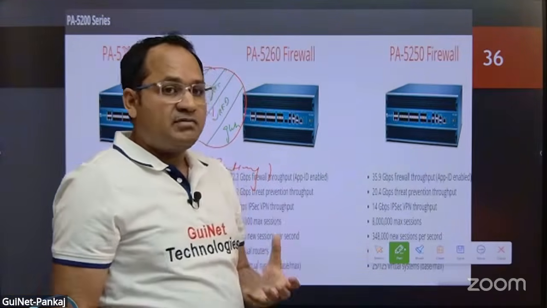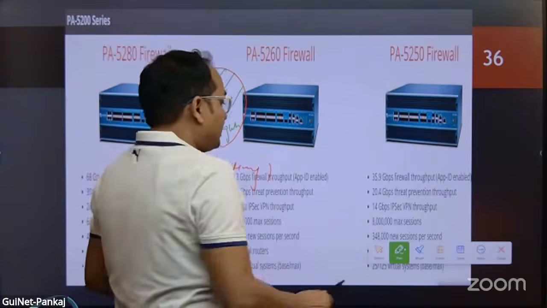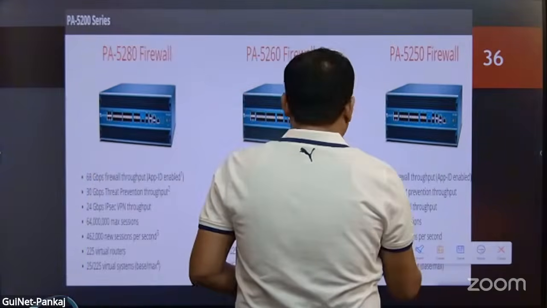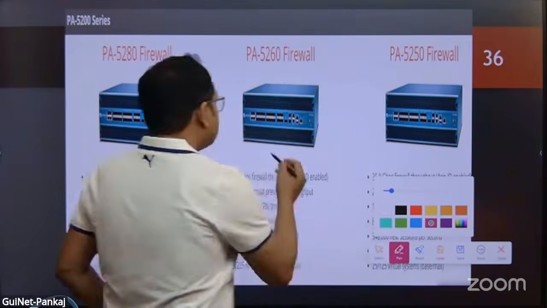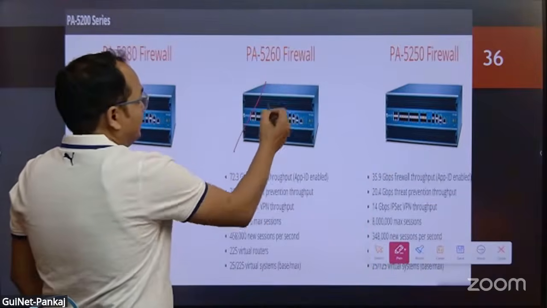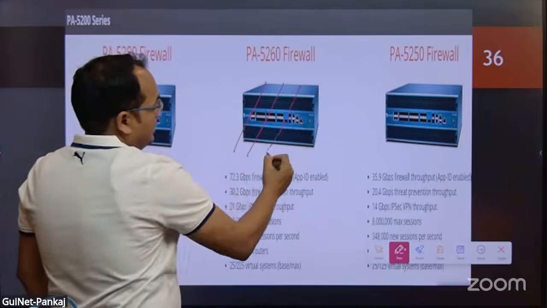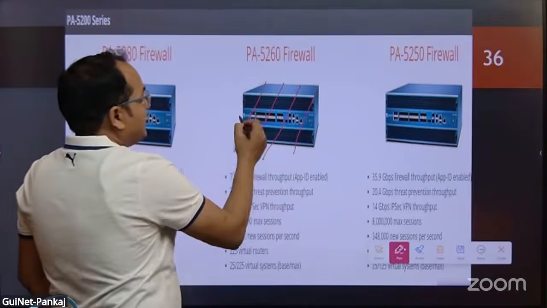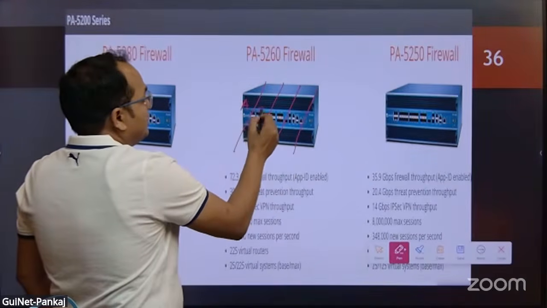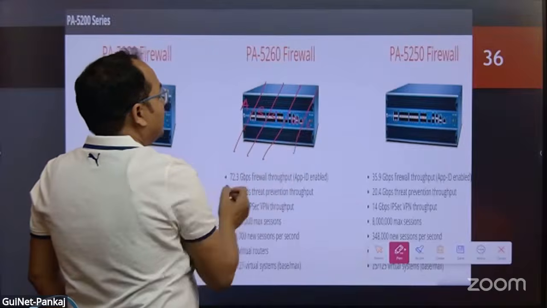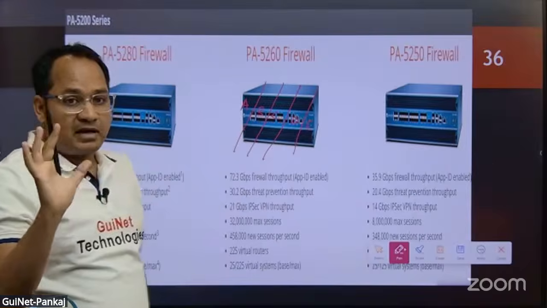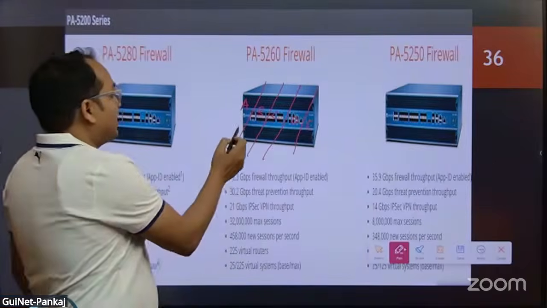VSys, virtual system, is a concept where my one firewall remains the same, but within that one firewall I can split it into multiple firewalls. The firewall hardware is the same, but I can say this is firewall A, this is firewall B, firewall C, firewall D, and firewall E. Now I have a total of 5 firewalls, and I can assign them.